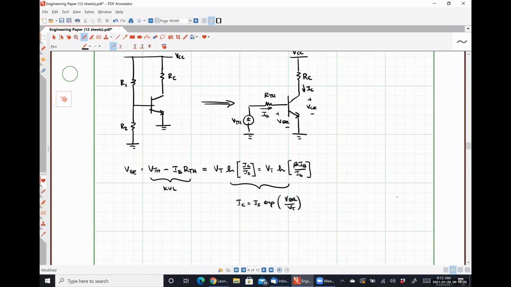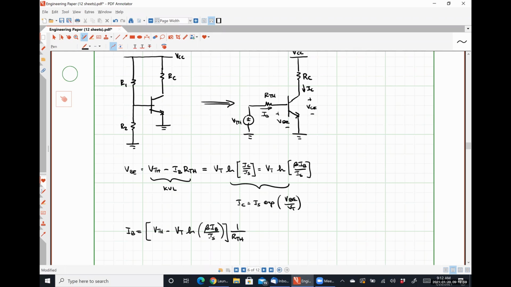I can rearrange this guy, and I find that IB is equal to V Thevenin minus VT natural log beta IB over IS, times the reciprocal, or divided by the Thevenin resistance.